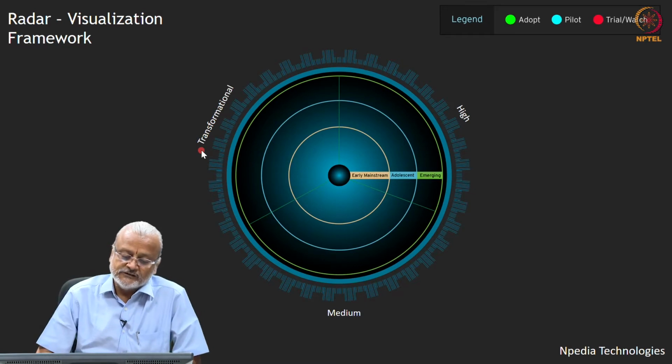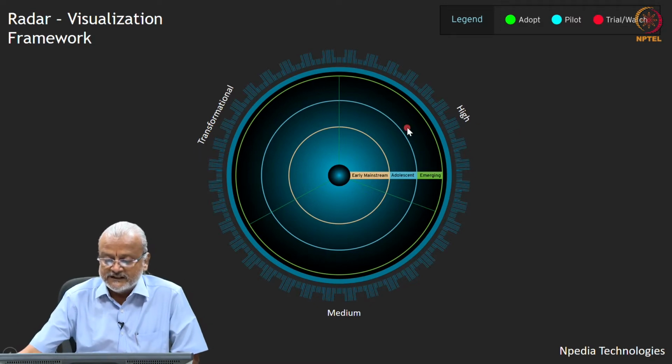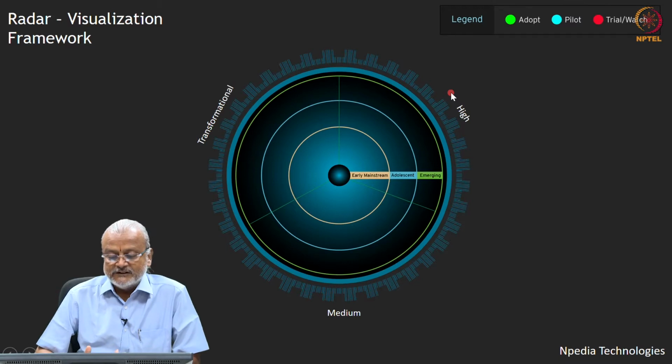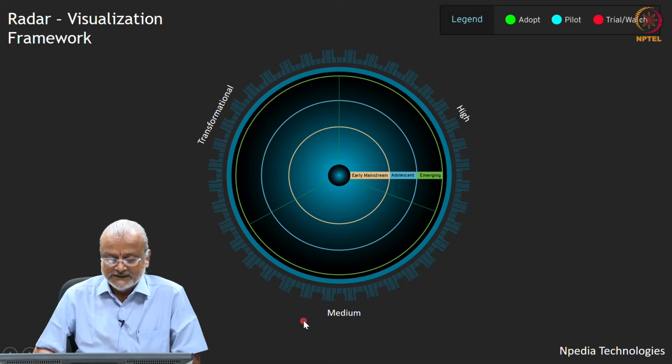It means that you could have anywhere between 5 times to 10 times the benefit. The one on the right is noted high. That means anywhere between 2 to 5 times the benefits. The one at the bottom indicates medium. That means anywhere between 1 and 2 times the benefit.